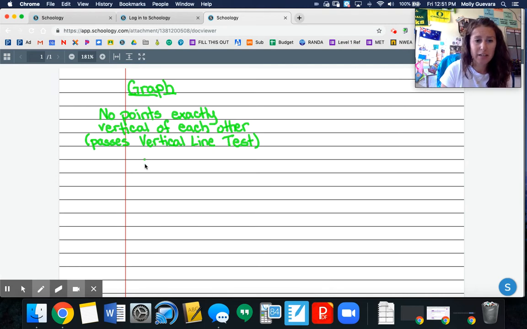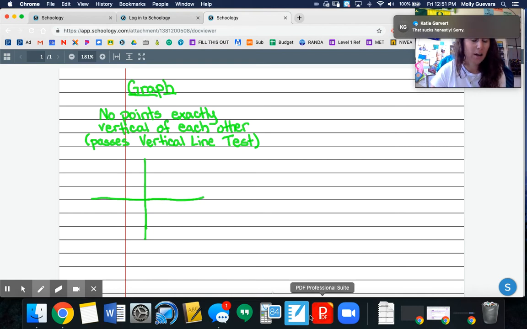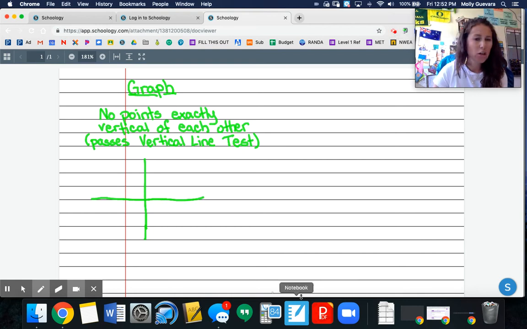So, wow, words, right? So an example of a function would be something like, let's say, a parabola. Right? At no point, if I draw or if I look, there's no points that are ever exactly vertical.